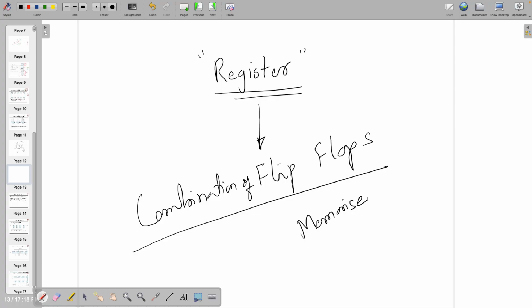But more than one flip-flop is used. All are categorized under register. Even sequence detector, sequence generator, all are registers, right? So whatever we have studied, either synchronous, asynchronous, all are registers, right?